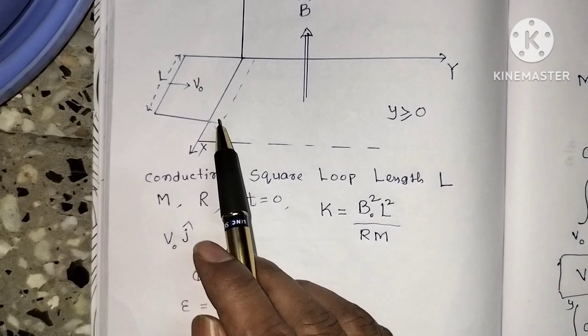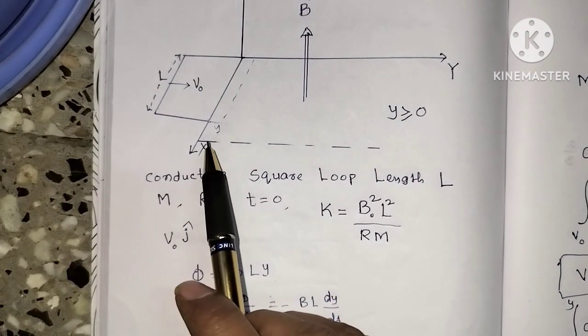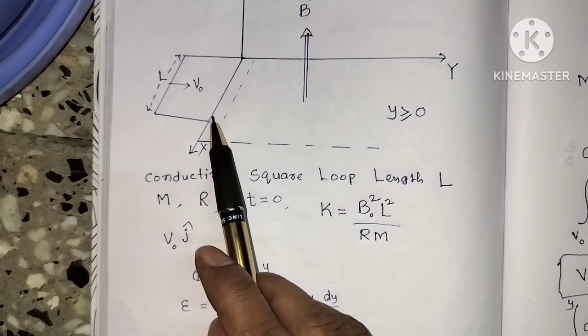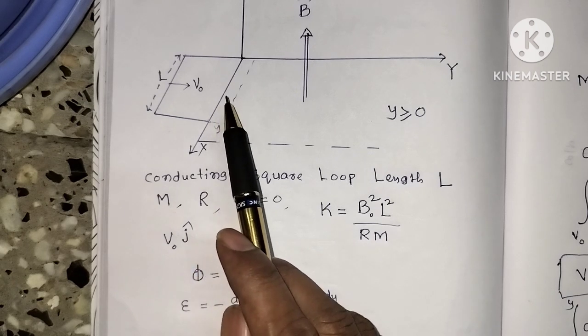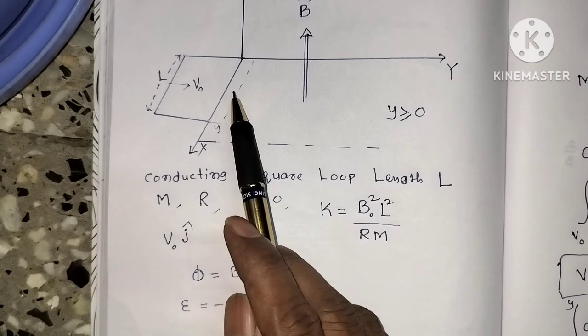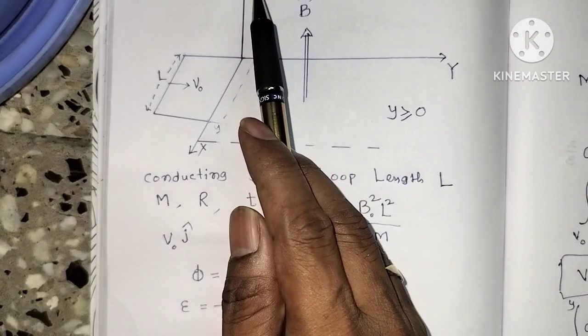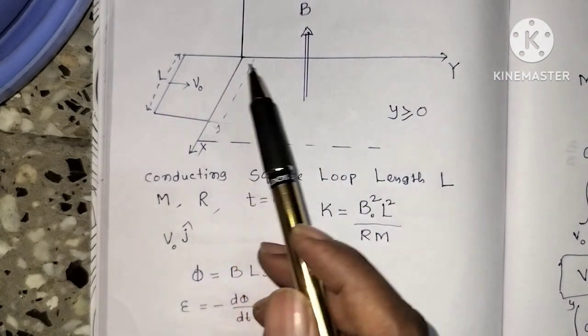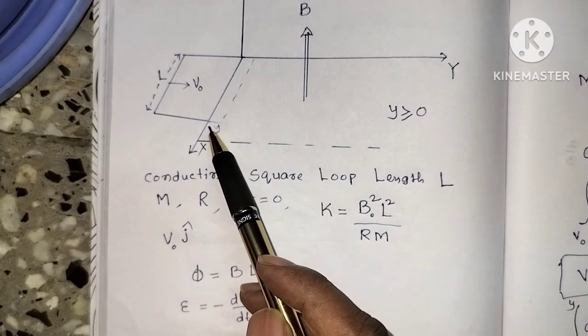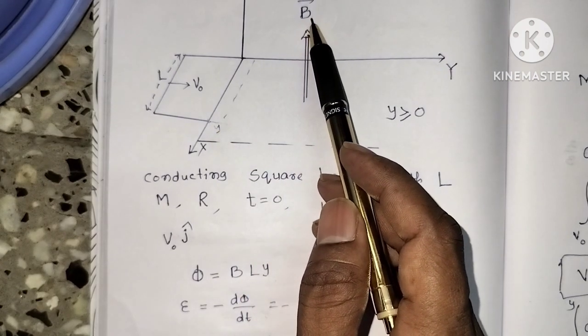As per Lenz's law, the induced current will oppose the change. What is the change here? The magnetic flux is increasing along the z direction. It should oppose. The induced current also produces a magnetic field, and it should be in the opposite direction to this B.